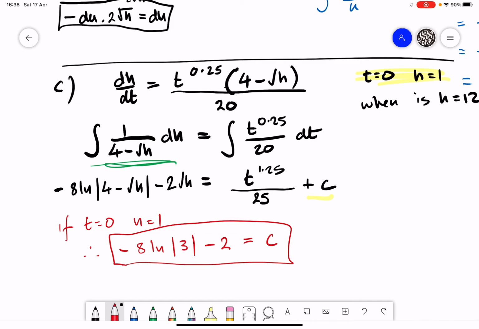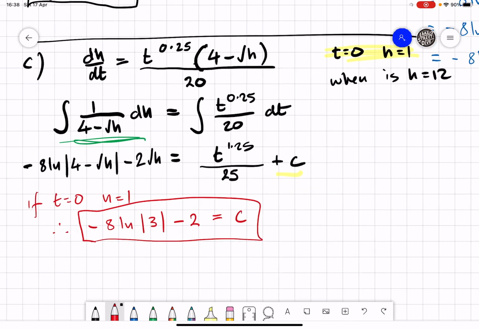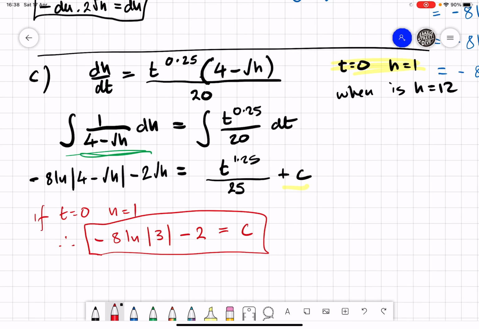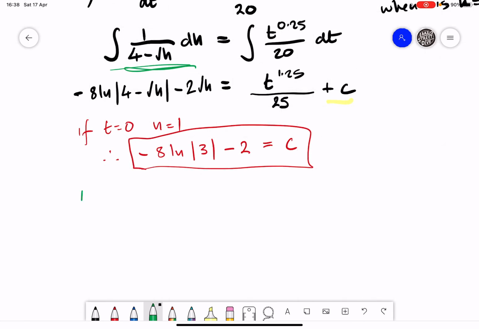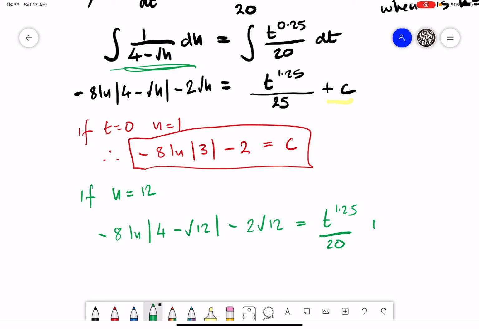Good. And now, solving this, we want to find when h is 12. So if h equals 12, we get minus 8 log 4 minus the square root of 12, minus 2 times the square root of 12, equals t to the 1.25 over 20, minus 8 log 3 minus 2.